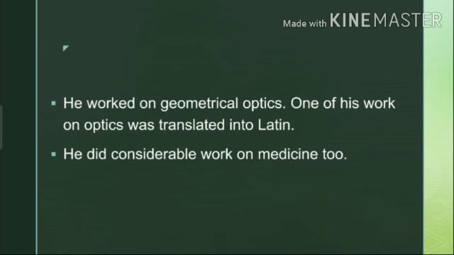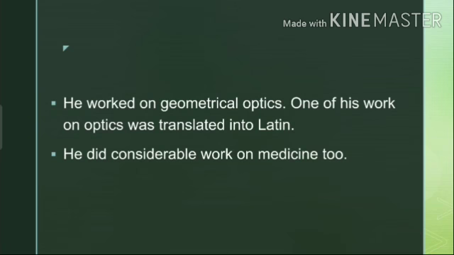Number 5, he worked on geometrical optics. One of his works on optics was translated into Latin. Geometrical optics means lenses, mirrors, etc. He did considerable work on medicine too. It means he had a great impact on medicine in those days, which was followed by later bioscientists.